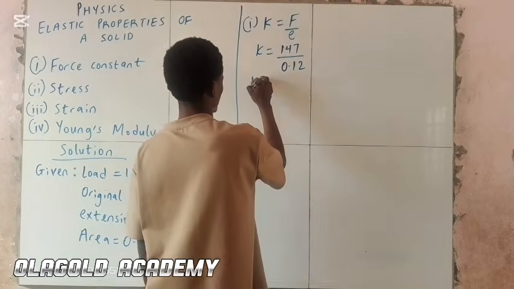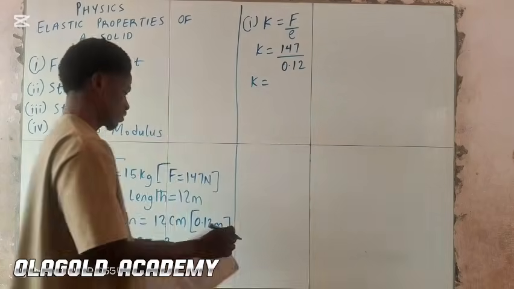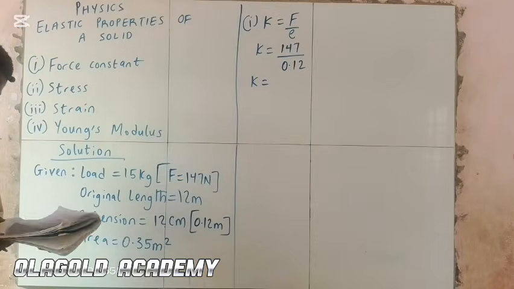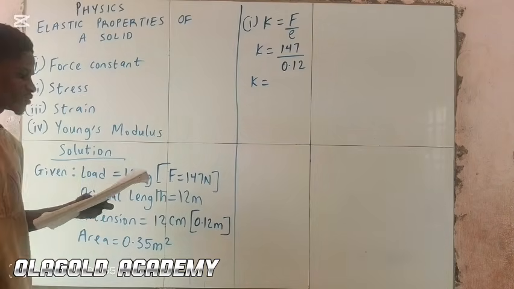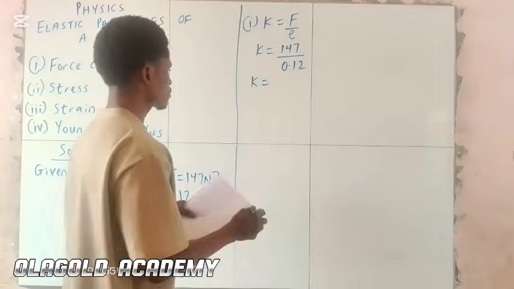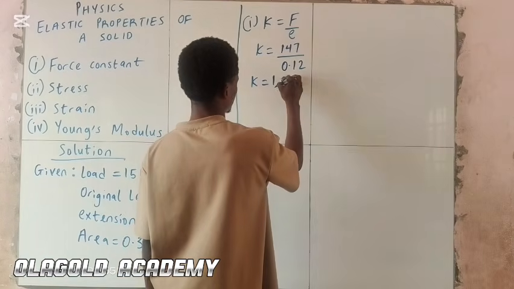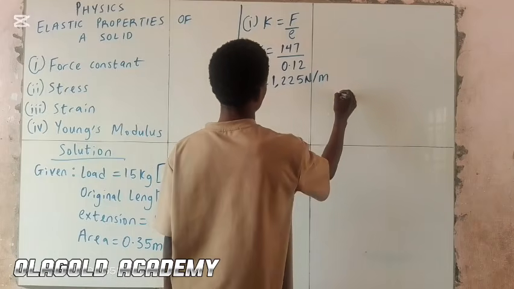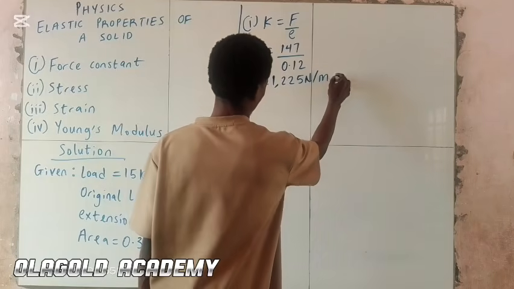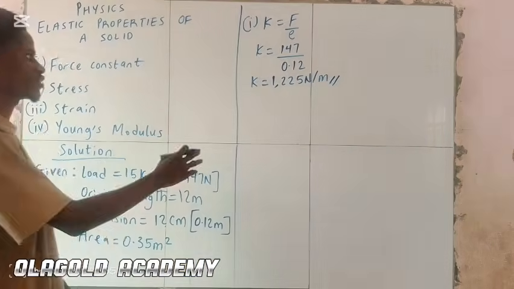So to get our force constant, we divide this, and that will be 1,225 Newton per meter. So we have this as our final answer.